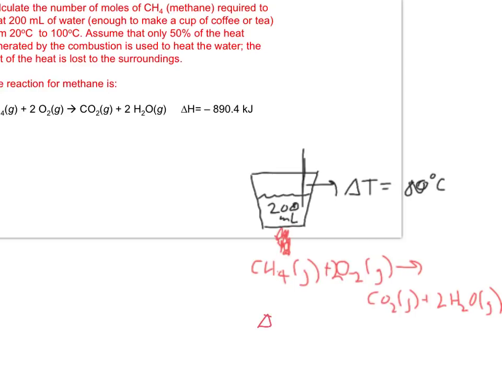We're told that the enthalpy value is negative 890.4 kilojoules. However, we're told that this process is 50% efficient. So half of the heat generated goes to the water. The other half is going elsewhere. It's not going to the coffee cup or the tea cup.